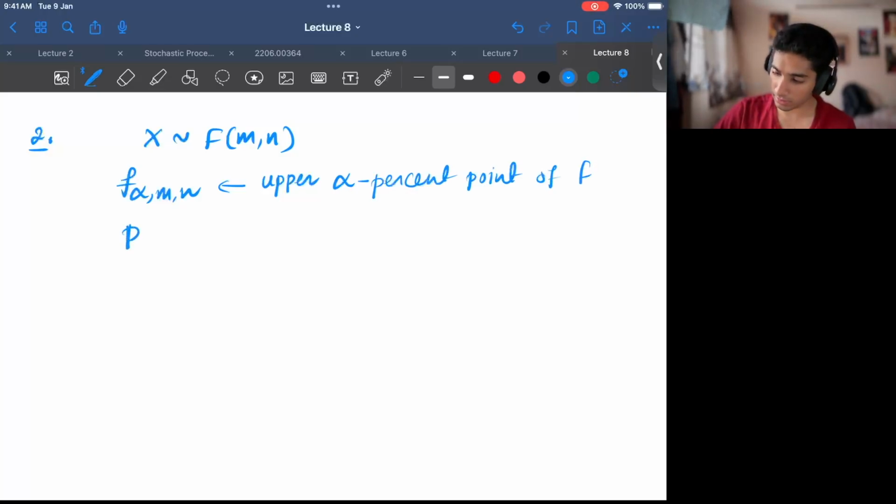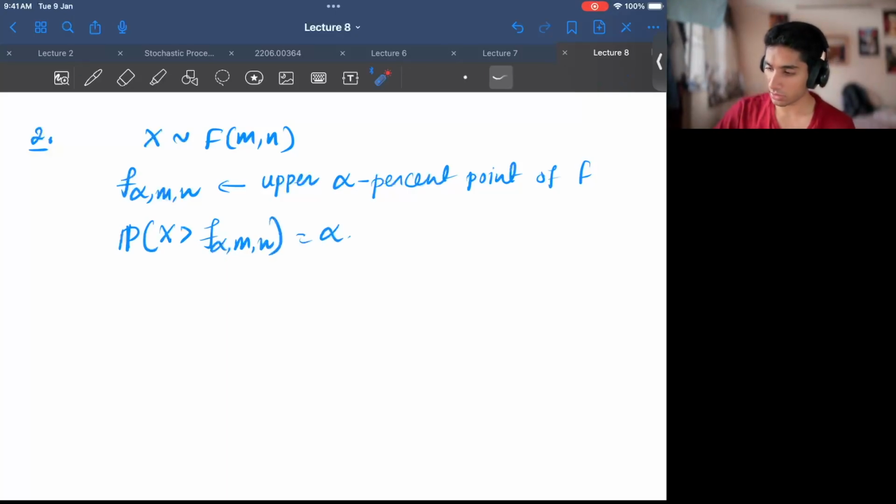It means that the probability of x greater than f alpha m n is equal to alpha. So f alpha m n is a scalar value such that this probability is equal to alpha.